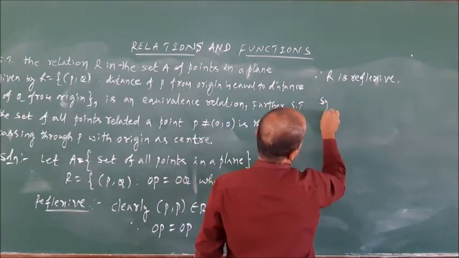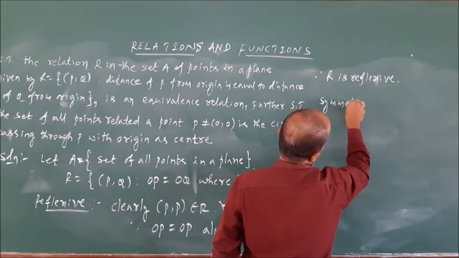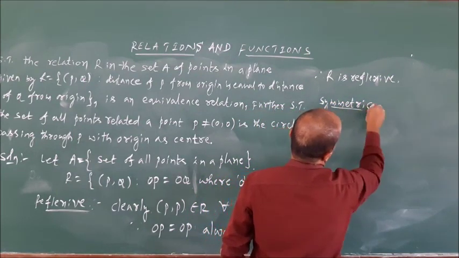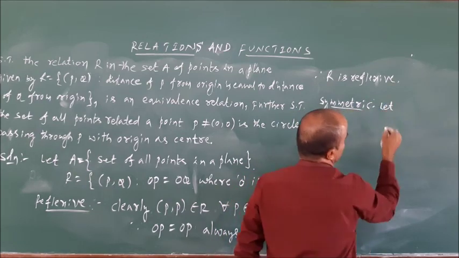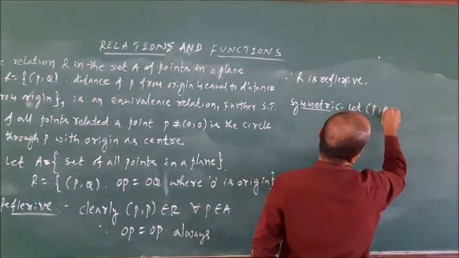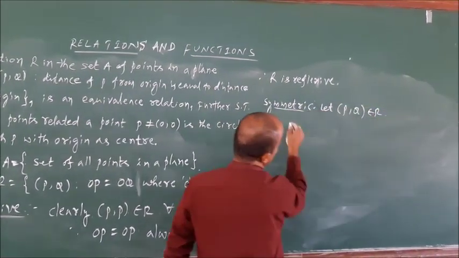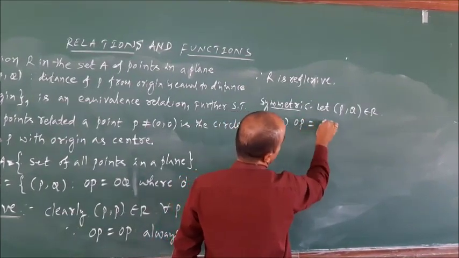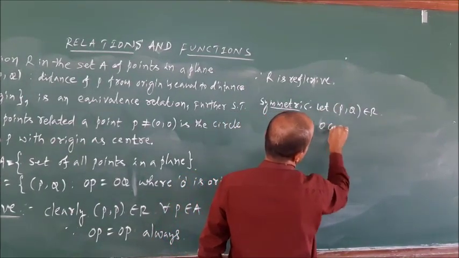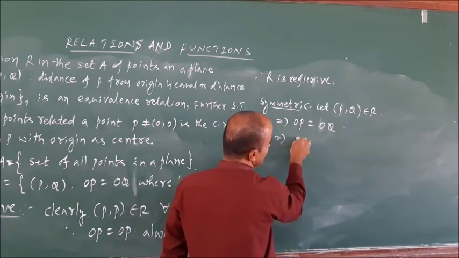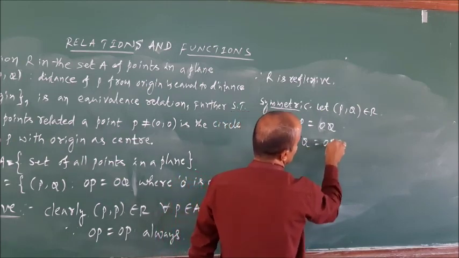Now for symmetric. Let (P, Q) belong to R, which implies OP is equal to OQ. That can be rewritten as OQ is equal to OP.